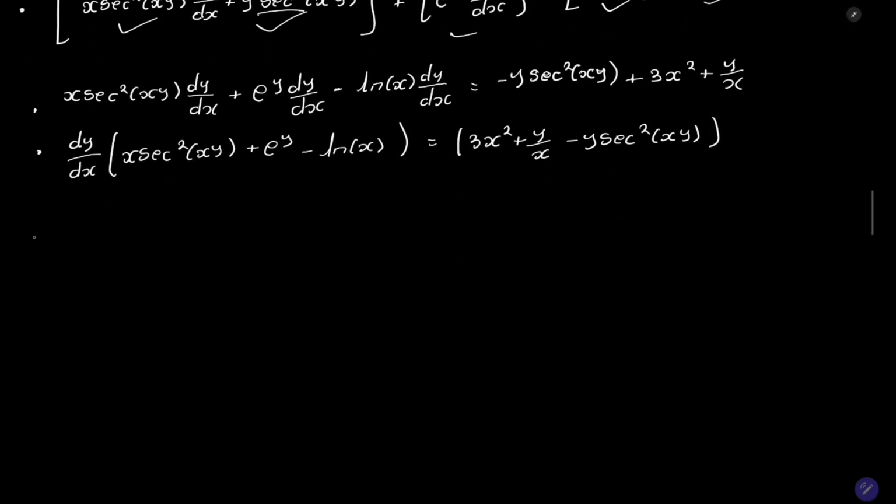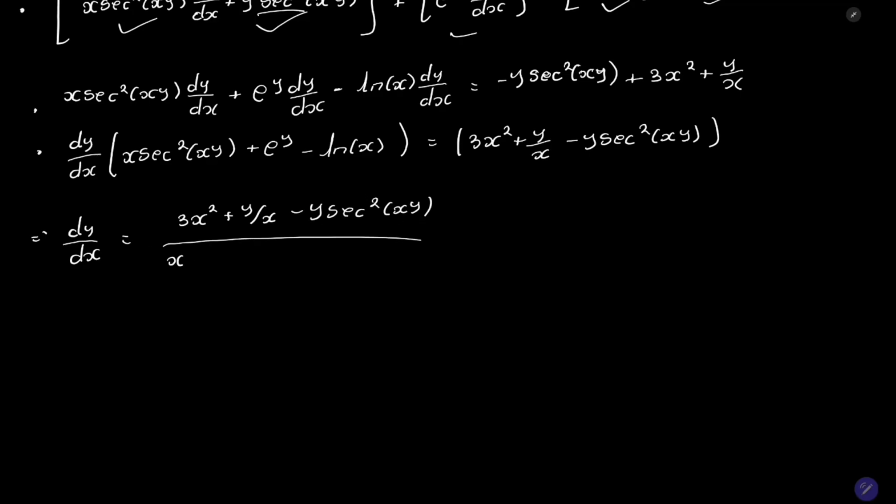So this tells us that dy on dx is the term 3x squared plus y on x minus y sec squared xy, all divided by x sec squared xy plus e to the y minus ln x.